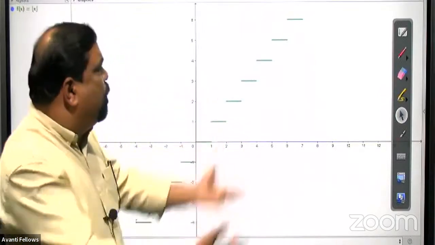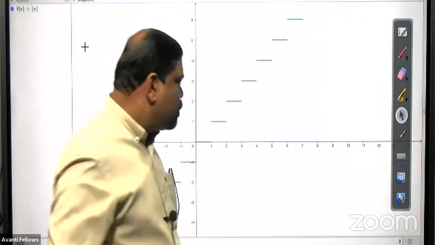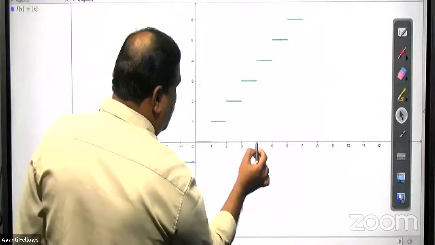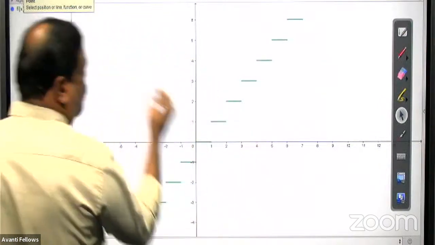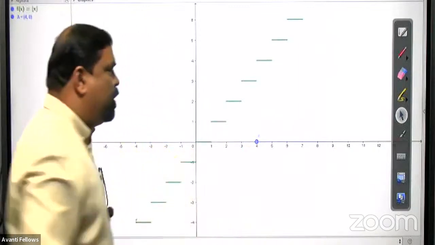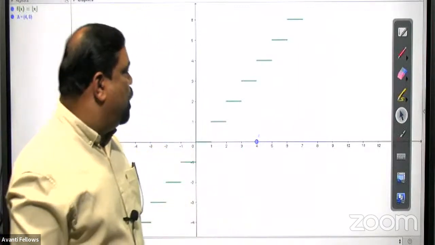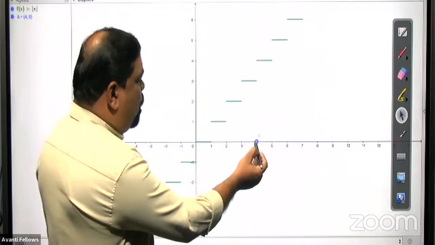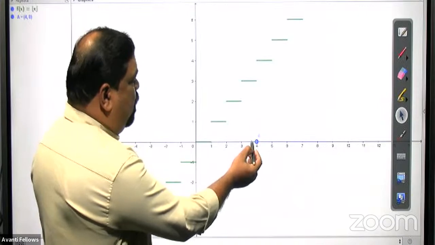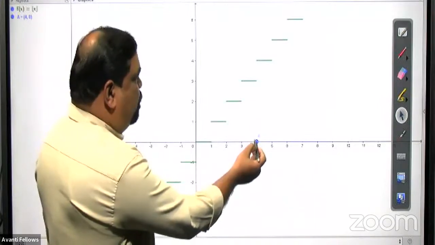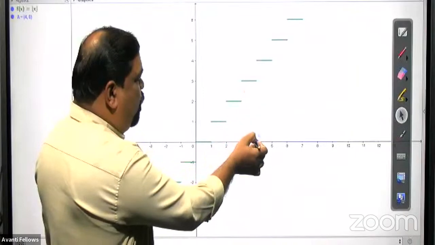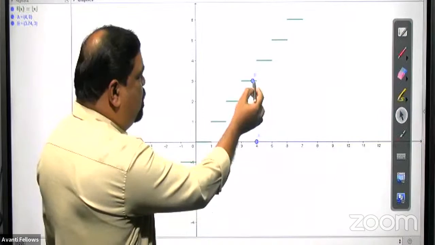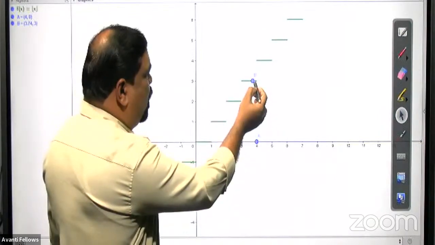Similarly, if you take any integral point, for example the point 4, what is the left hand limit? If I take 3.9, the image is 3 only. 3.99, somewhat closer to 4, again the value is 3.